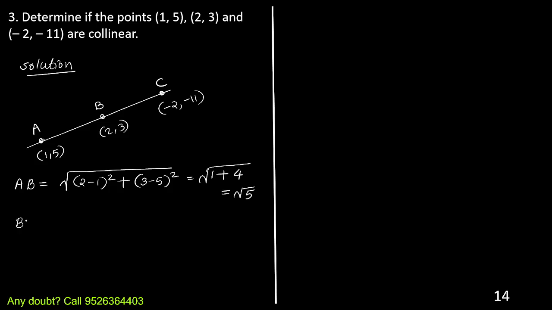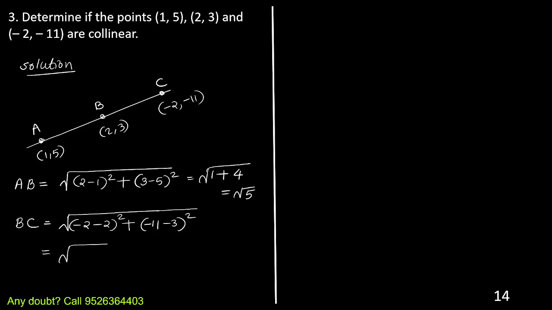Next I am going to find BC, the distance between B and C. Using the distance formula, it will be root of (x2 minus x1) square, which is (minus 2) square, plus (minus 11 minus 3) square.